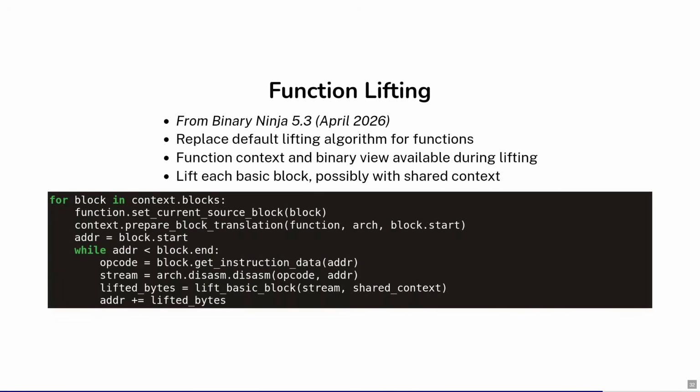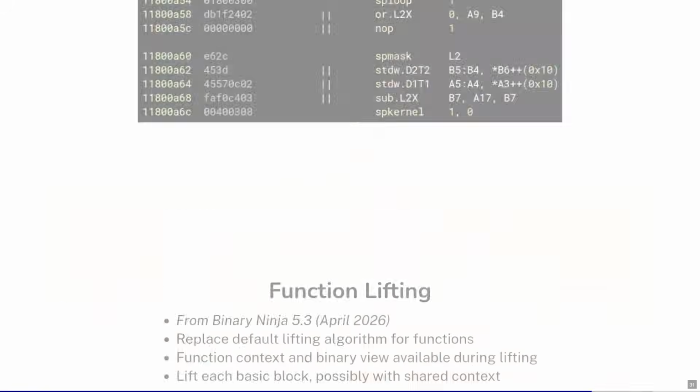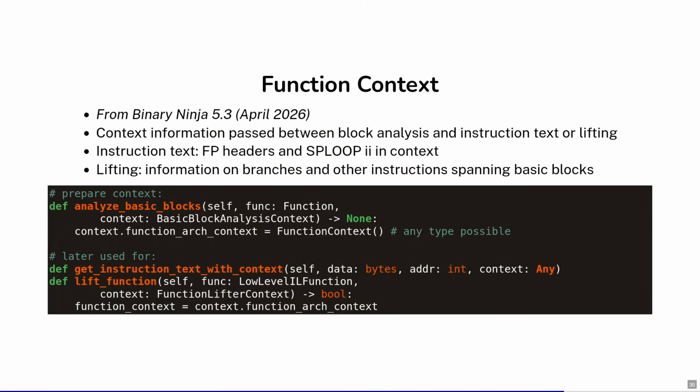Then one last part, the lifting. What can we do there? There is one last update that Binary Ninja or Vector35 provided, and that allows us to lift whole functions at once. So again, we have full control over lifting. And in this case, we get the result from basic block analysis. So we get a function lifter context that includes all the basic blocks, and the low-level IL function.